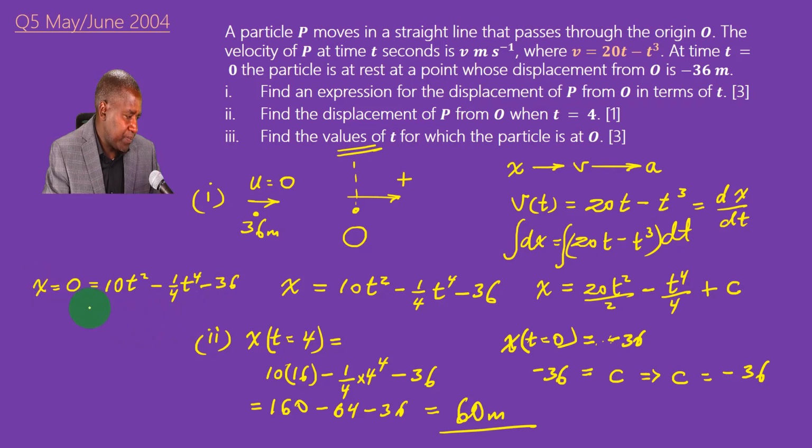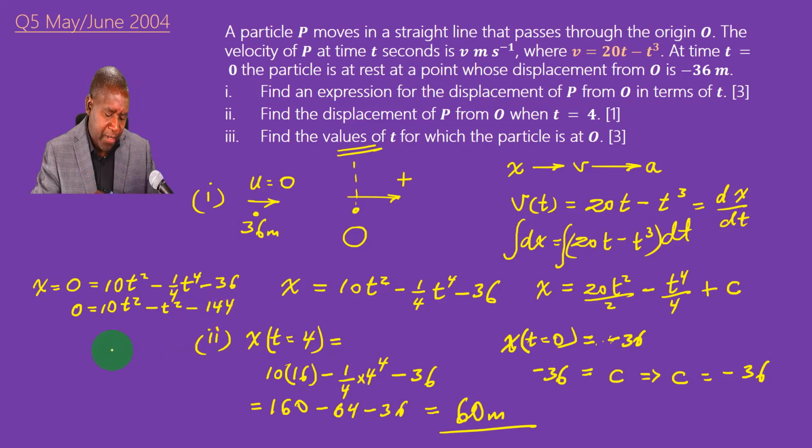Let me multiply throughout by 4, to get 0 equal to 10t squared minus t raised to power 4, minus 36 times 4, which is 144. No, this one is actually t raised to power 4.